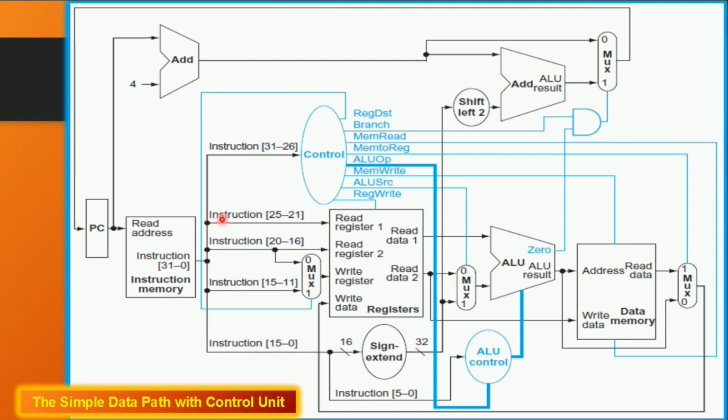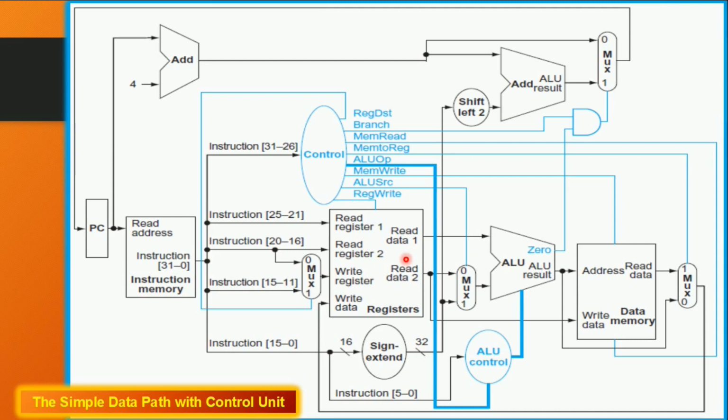This is the register number of RS. This is the register number of RT. This is the register number of RD. Based on the instruction, this multiplexer will be choosing whether RT or RD is the destination. Based on these register numbers, the processor will be choosing the corresponding registers from the register file, and for the operation of the ALU, those registers will be read.